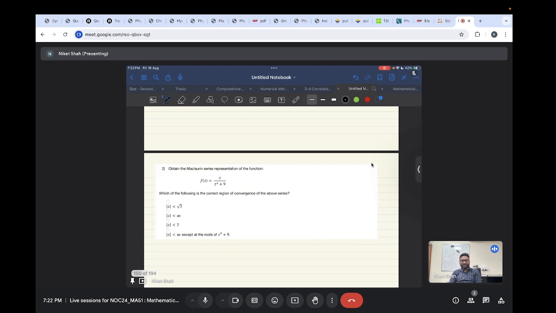Your second question here is to obtain the Maclaurin series representation of the function f of z equal to z divided by z power 4 plus 9. Which of the following is the correct region of convergence of the above series?